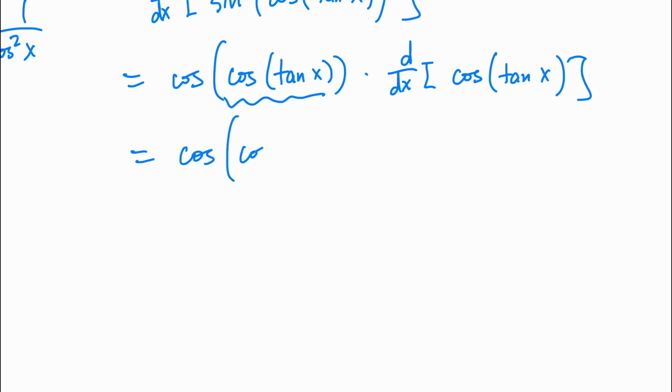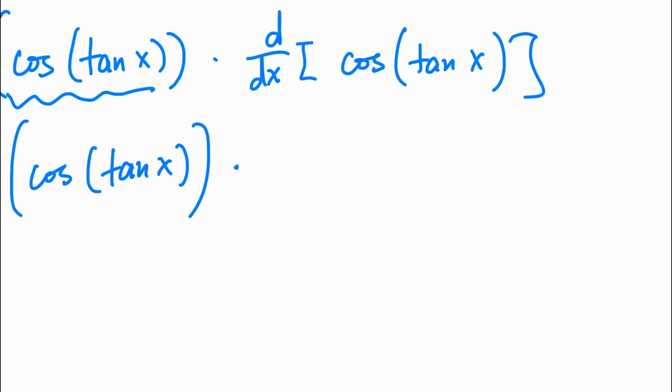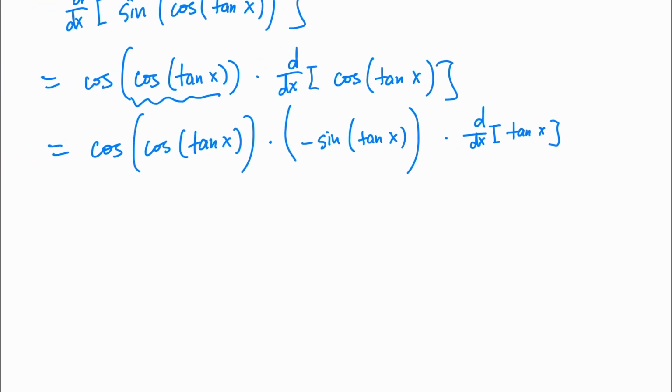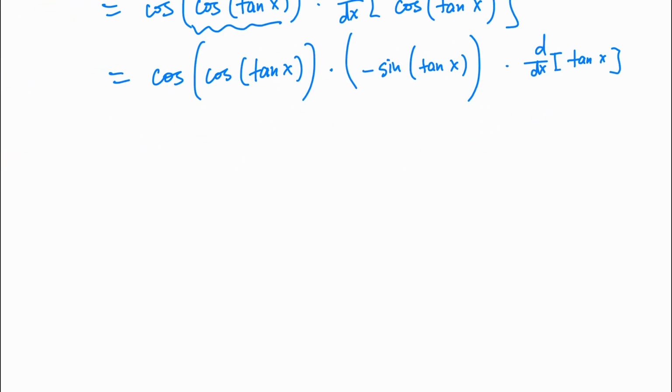So that would be equal to what we have over here, just copy it down, times this thing. For this thing we need to use the chain rule again, and that would be equal to negative sine of tangent of x, times the derivative of tangent of x. And the first two parts are done, and we simply have a negative at the front with this thing.